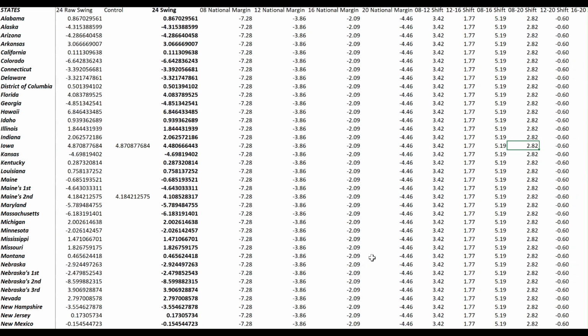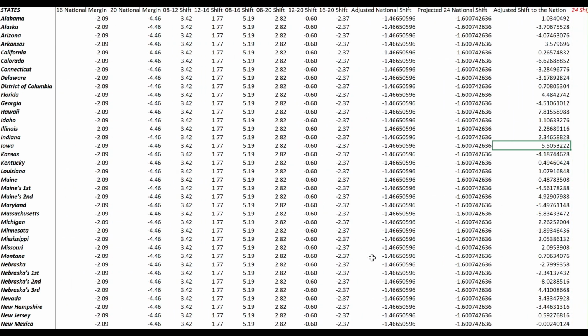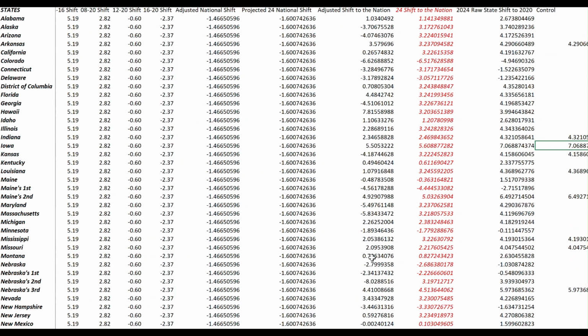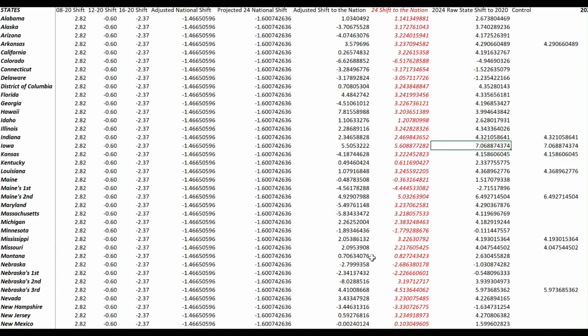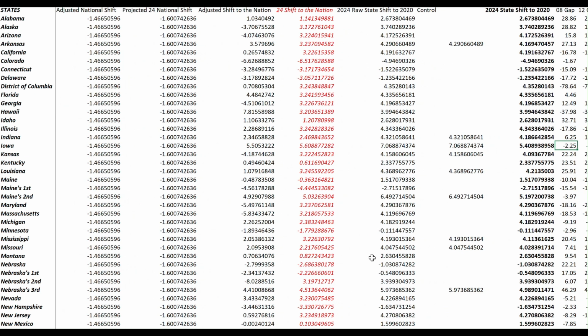Now we can get into a little bit of the gist of the model, which is the comparison of the shift compared to the nation. First of all, we talked about raw numbers. Now we're going to talk about relative numbers. What I mean is that we need to take into account how states voted compared to the nation.